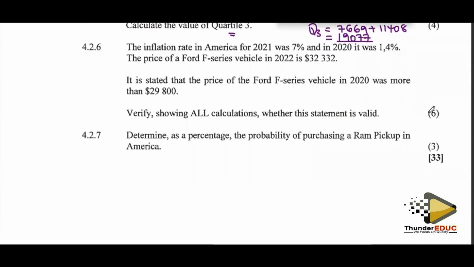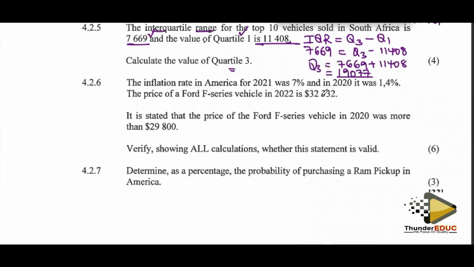4.2.6, the inflation rate, 6 marks. The inflation rate in America for 2021 was 7%, and in 2020 it was 1.4%. The price of the Ford F series vehicle in 2022 was 32,332.